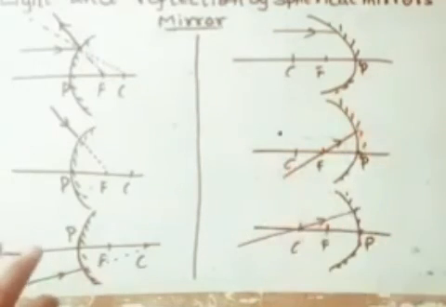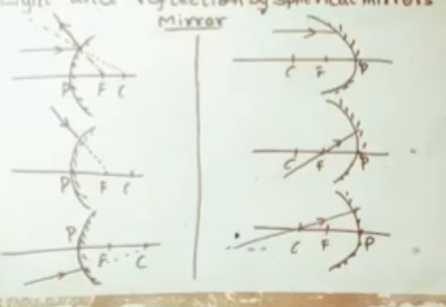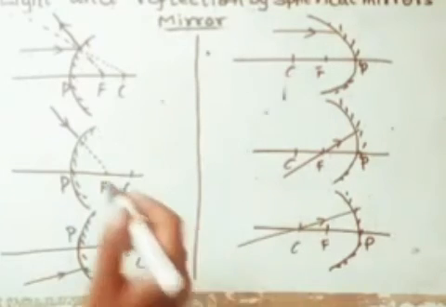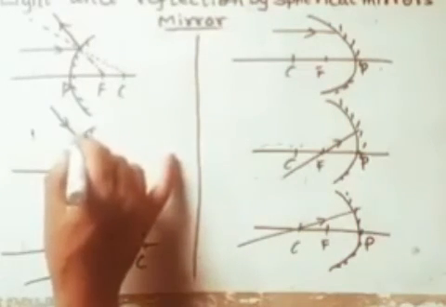That's all. This is the first case. Sometimes these diagrams come in the exam and you are asked to complete the ray diagram. In the same way, if we retrace it, the rays are reversible. This reflection is reversible. So now the reverse thing will happen.